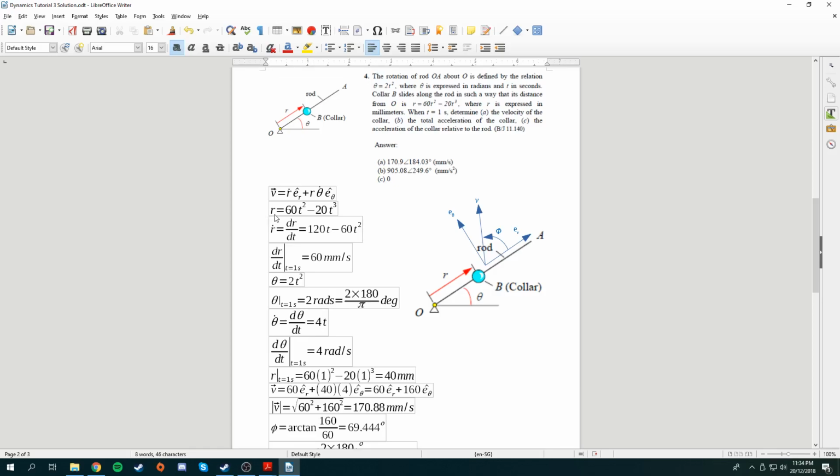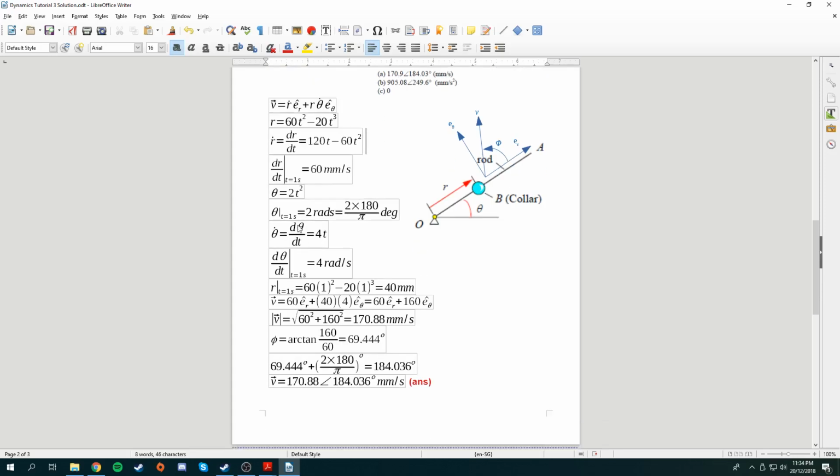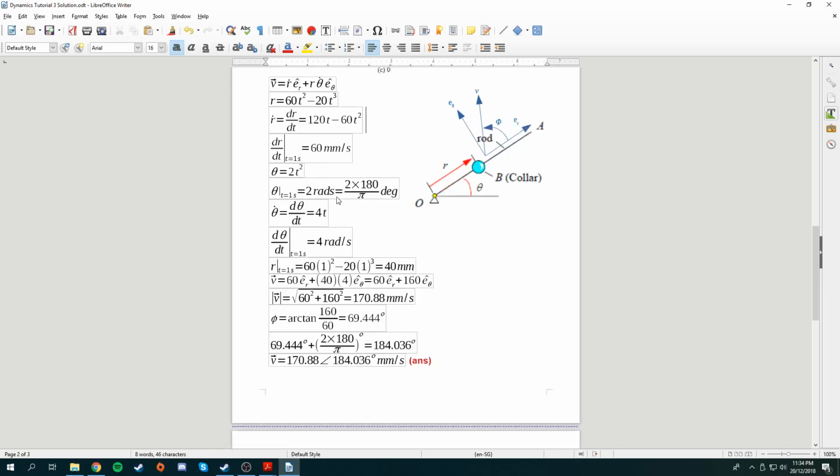So let's differentiate r with respect to time to find r dot, and evaluate this r dot at t equals 1. I'll get 60 mm per second. Likewise, theta is 2t squared. So by evaluating theta at t equals 1, I can find out it to be 2 radians, and I change it to degrees. Later you'll understand why I changed the units to degrees.